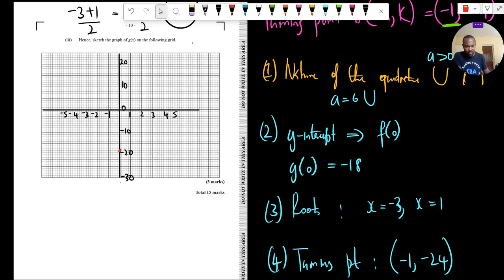The roots are at x equals -3 and x equals 1. So -3 right here, and x equals 1 right there. My line of symmetry is x equals -1, so this is my line of symmetry here.